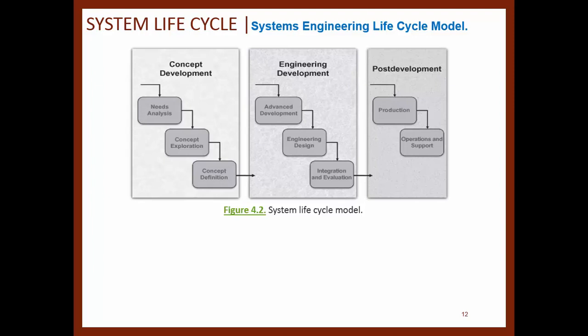Once you have defined that concept, then we move, okay, this is the idea, these are the functions, these are the requirements, this is what the system must do in order to achieve the performance that we are expecting. Then we move to the definition of the technology that we are going to need to make this happen. And that's where we move to the engineering development. So advanced development, the engineering design, and then the integration and evaluation.